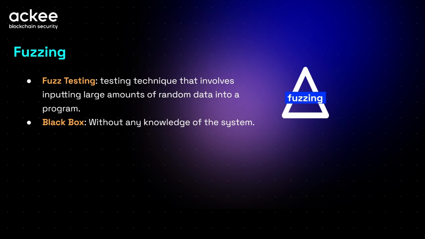So firstly, I have the black box fuzzing. The black box fuzzing means that the fuzzing is without any knowledge of the system. This would mean that the fuzzer does not know what the system inputs are.